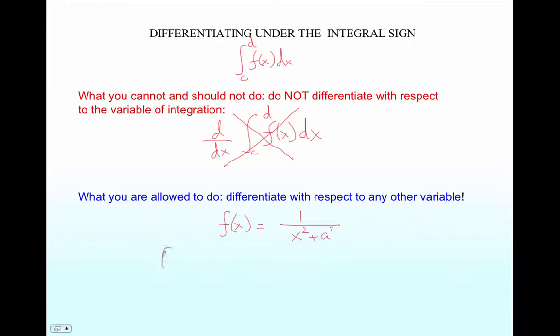And in that case, if I have something like this, integral of f of x dx, then I can take the d by dA, so I can differentiate with respect to a, and take this derivative inside. So I have then d of f by dA, but integrated with respect to x.